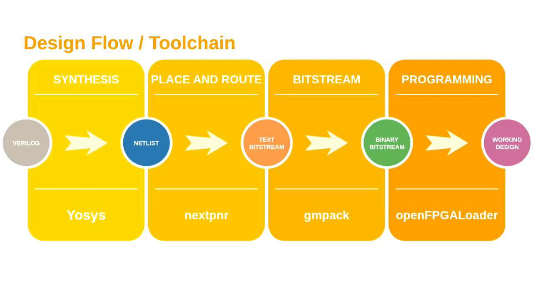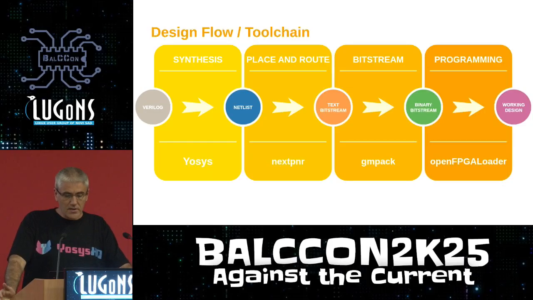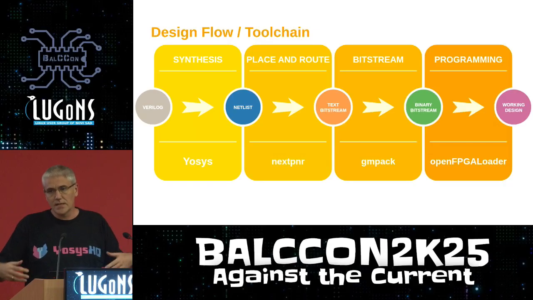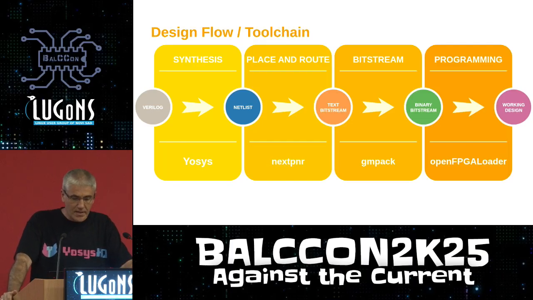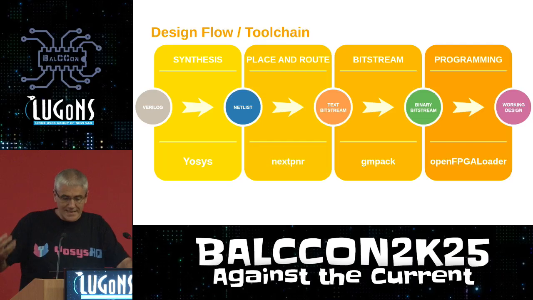The first step is synthesis, which converts the initial Verilog netlist to a netlist in an internal format that is mapped to primitives that exist on the real hardware. For that we are going to use Yosys, an open source synthesis tool.